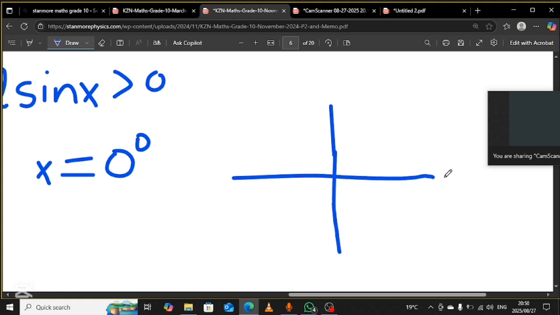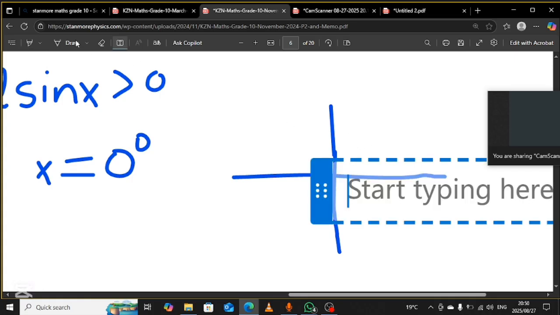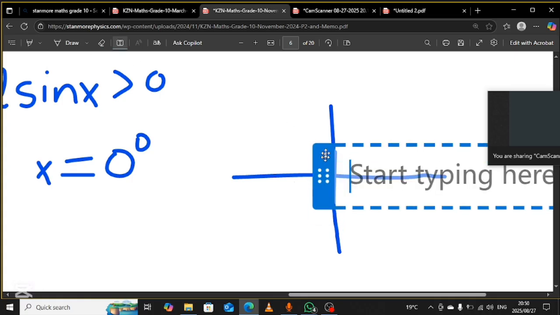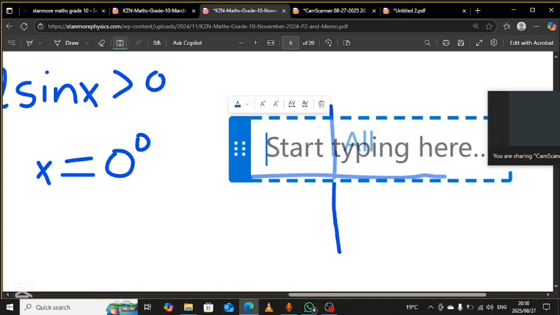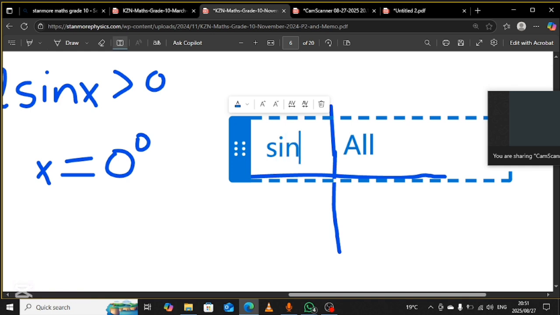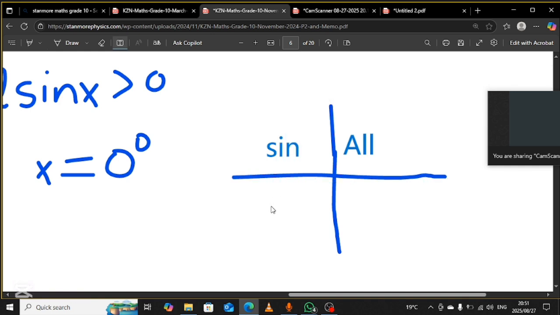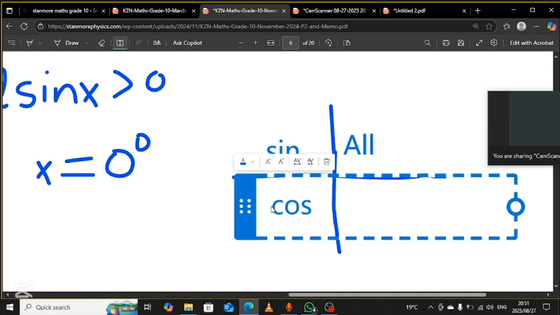So we're going to draw something like this. This is the first quadrant, so all trig ratios are positive. On this side, only sine is positive. And then here, only cos is positive.